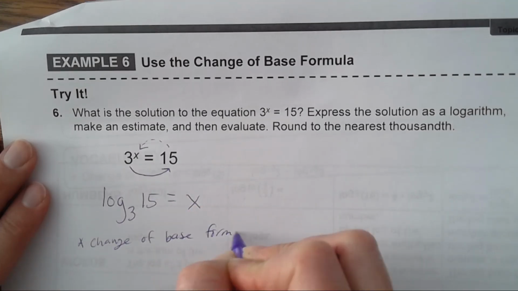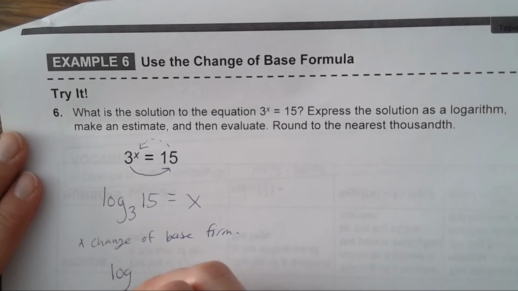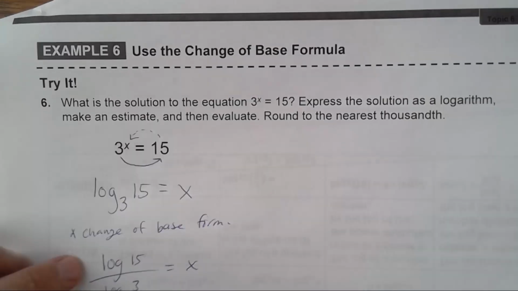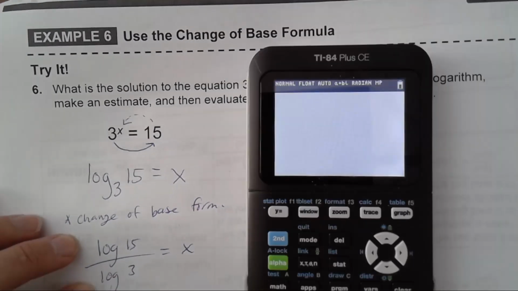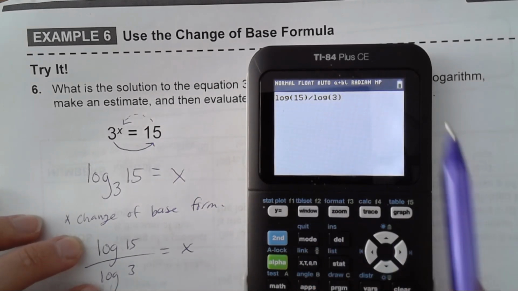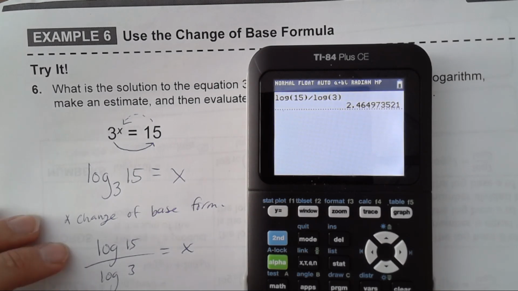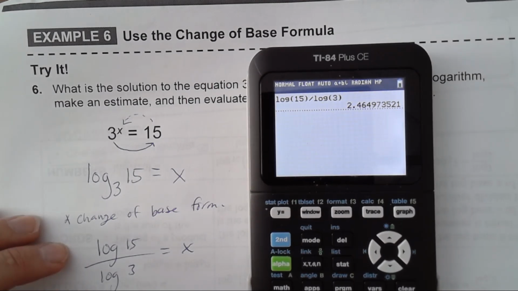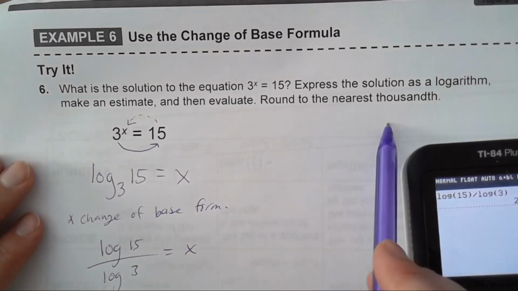I want you to show me this. Because I'm typing in my calculator, I don't need to write the 10, but this should be on your paper, and then you're typing in log of 15 divided by log of 3. Make sure you close your parenthesis. And we should get about 2.465. We round to the nearest thousandth with logs.